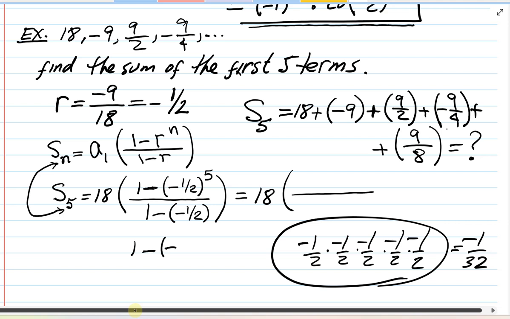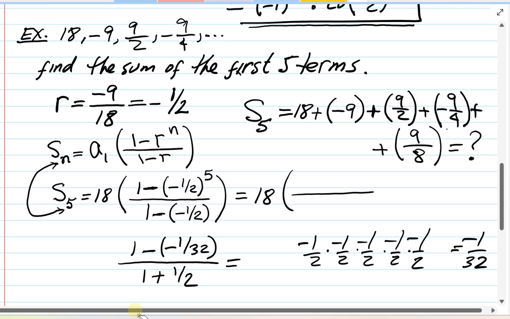So that's 1 minus negative 1/32 divided by, in the denominator, double negative on 1/2 makes it positive. That's 1 plus 1/2. And the numerator, double negative makes positive. So that's going to be 1 plus 1/32 over 1 plus 1/2.